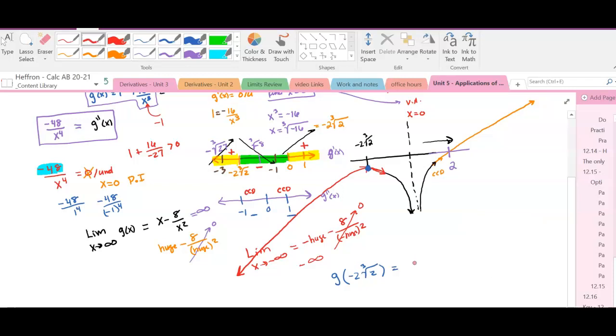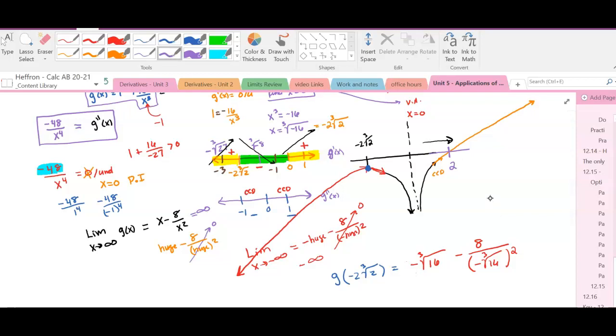Well, we will have negative cube root of 16 minus 8 over negative cube root of 16 squared.